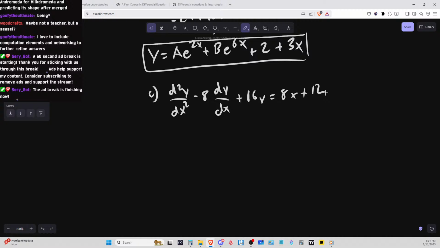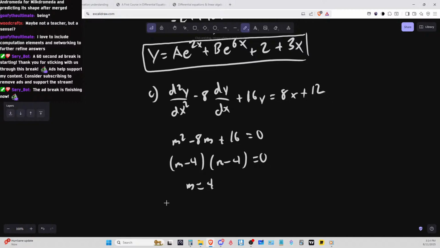All right, so minus 8m plus 16, and let's just pretend that's equal to 0. So I guess we're going to have, yeah, that matches. So 4, meaning that y is going to equal e to the 4x a plus bx.